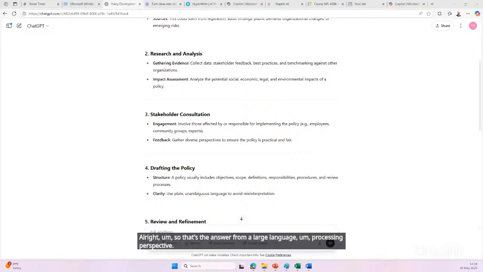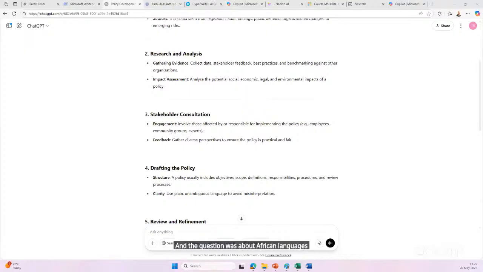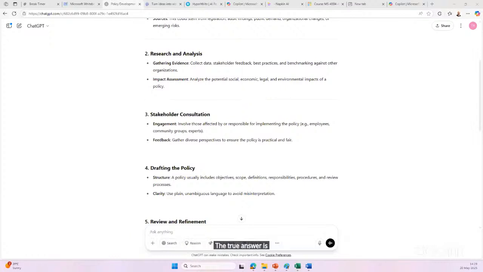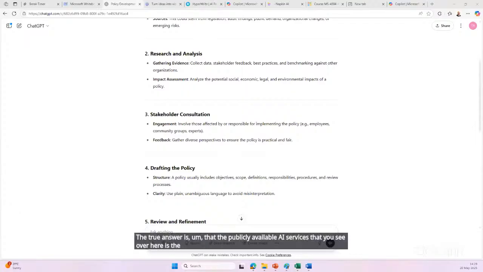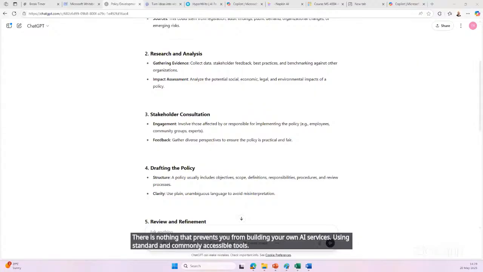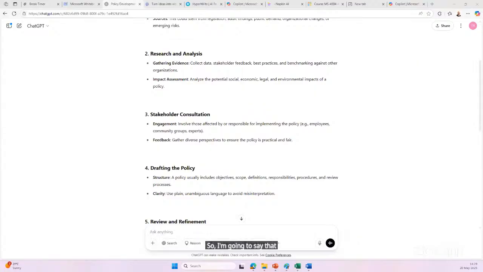The question was about African languages. You'll find that most African languages are incorporated, if not all of them, but there might be nuances between dialects that are not. But again, the true answer is that the publicly available AI services that you see here are the tip of the iceberg. There is nothing that prevents you from building your own AI services using standard and commonly accessible tools. Right. So I'm going to say that one is done.